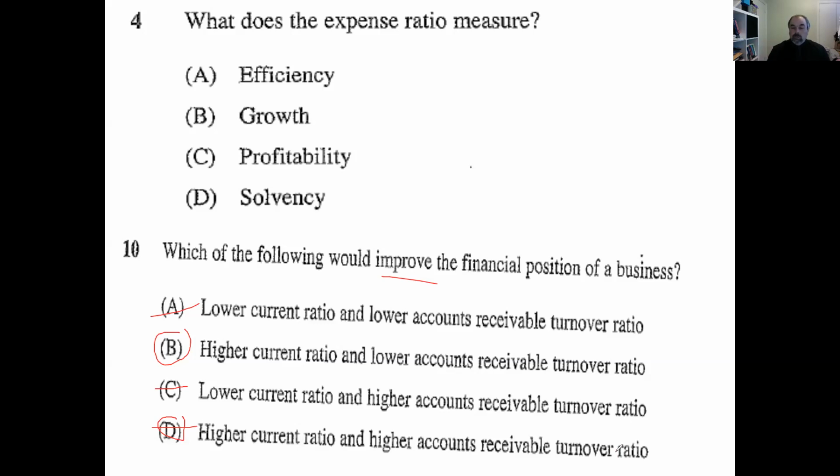So the idea is that the lower the ratio, in terms of the number of times a year that you collect it, the better it would be. When you work out that ratio, it gives you an answer of 10, 12, 15 times, and that gets converted into days by dividing 365 into the answer. So in looking at that, we would want a lower. So D is wrong, and then B would be our answer there.